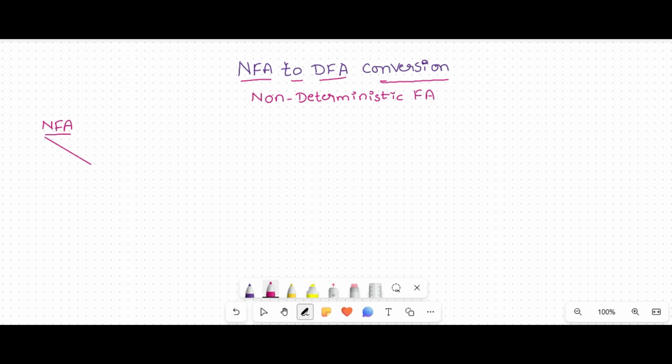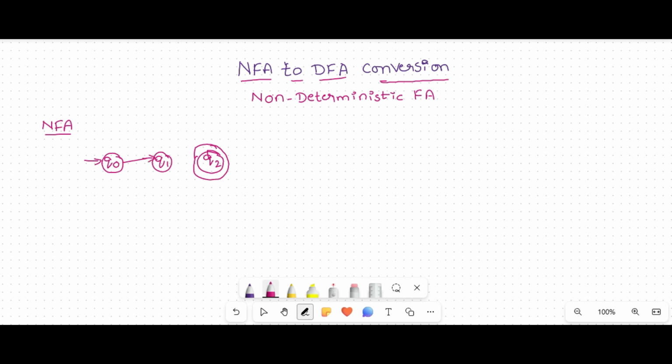Suppose the states are like this: initial state is Q0, Q1, Q2. Assume Q2 as the final state. So now the transitions are like this.